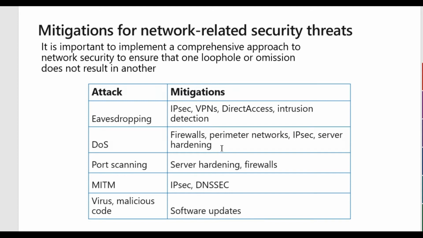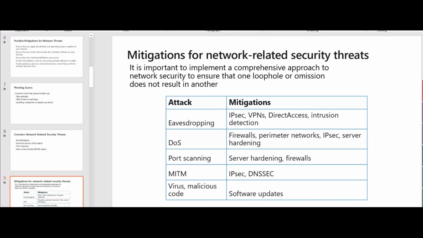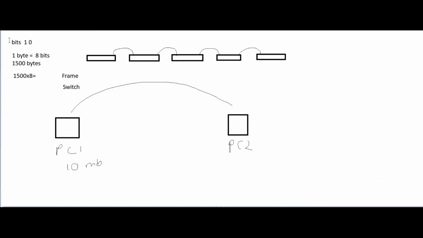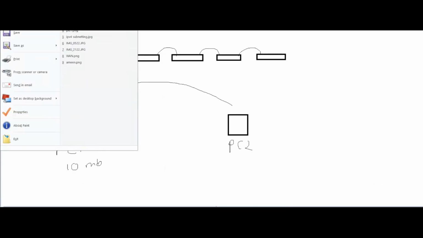What is a perimeter network? Perimeter network means, for example, you have an internal network and you have an external network. This is your internal local area network, right?